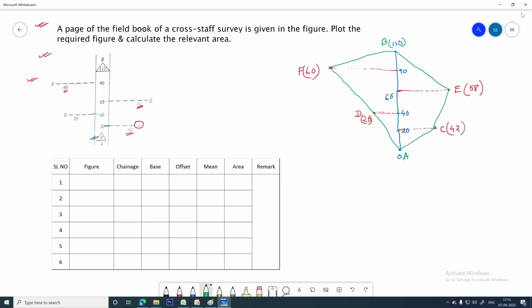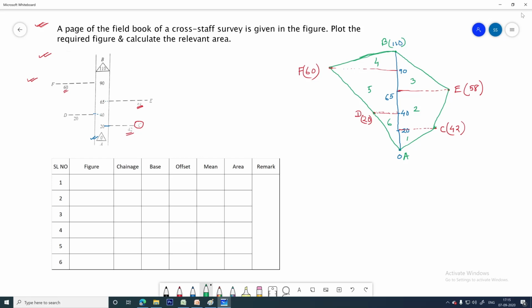Now you just give the numbers, that means we have divided the total area into small parts. Consider this number 1, this is 2, this is number 3, this one is number 4, this one number 5, and this one is number 6.